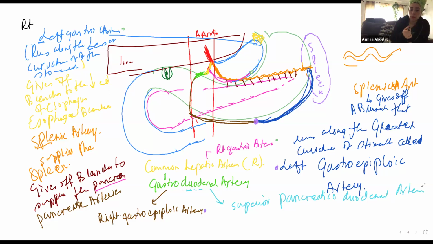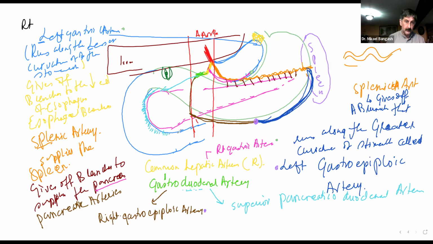Sorry, you said the gastroduodenal artery gives off the superior pancreatic? Superior pancreaticoduodenal artery. Okay, so pretty much, yes. A branch that's going to run something like this. So what will it be doing?